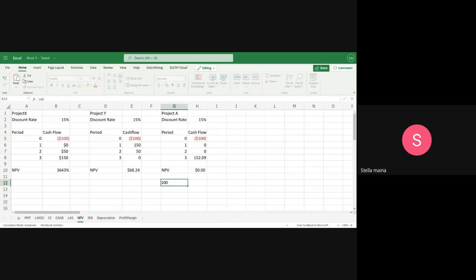You just say equals G12 multiplied by 1.15 over 3 years. So you can see you get the 152. It's the same thing if you invest in project A or if you just put your money in the account. So you see, we are able to see how this works for us.